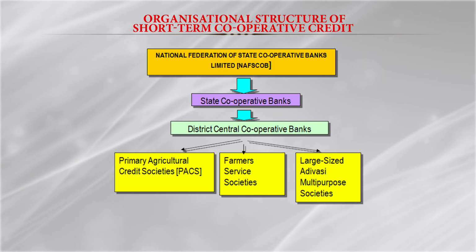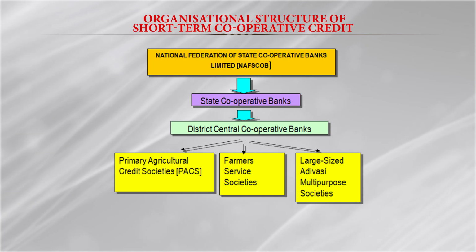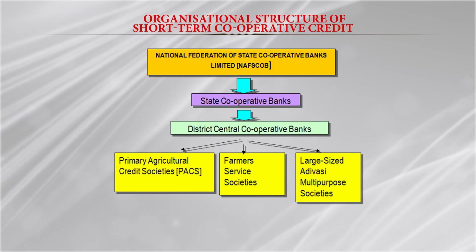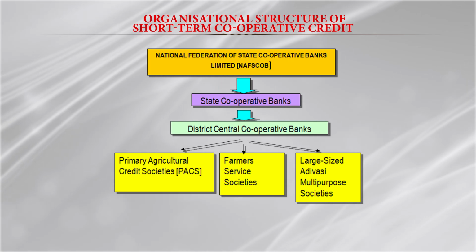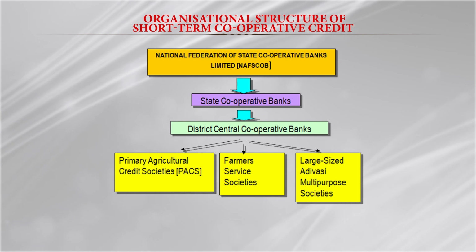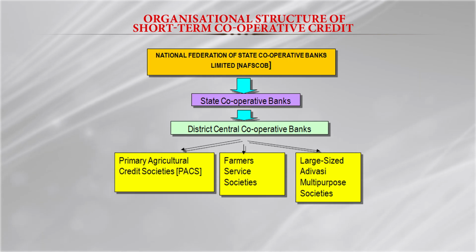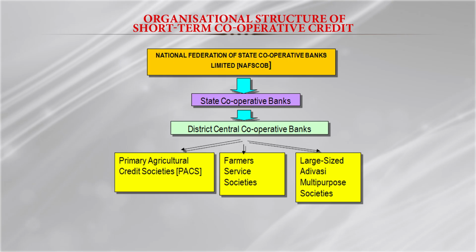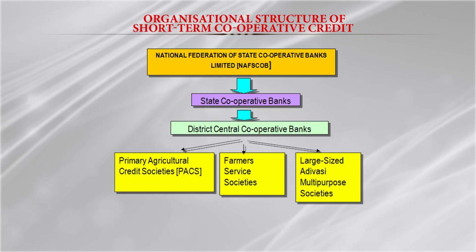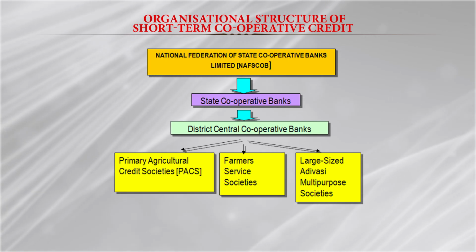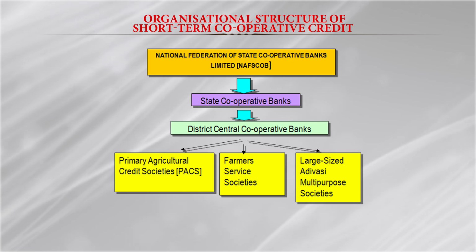That organization basically monitors, guides and promotes the cooperative credit societies in the country to serve the farming community and the members of the cooperative credit societies. And at the state level we have the state cooperative banks, and basically they are the apex organization at the state level. At the district level we have the district central cooperative bank, and then at the grassroots level we have the primary agricultural credit societies, PACS, and we also have types of societies like farmer service societies.